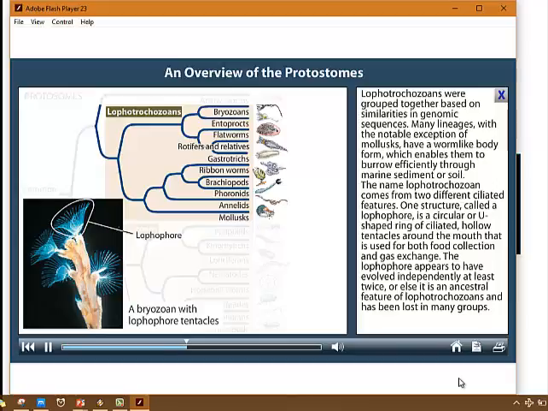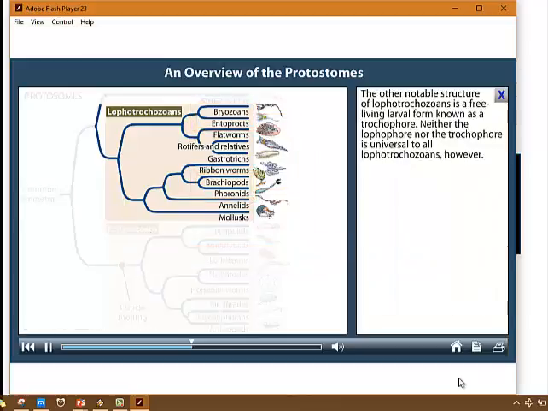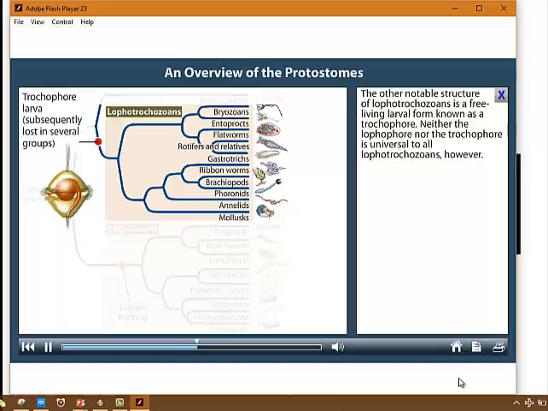The lophophore appears to have evolved independently at least twice, or else it's an ancestral feature of Lophotrochozoans and has been lost in many groups. The other notable structure of Lophotrochozoans is a free-living larval form known as a trochophore. Neither the lophophore nor the trochophore is universal to all Lophotrochozoans, however.